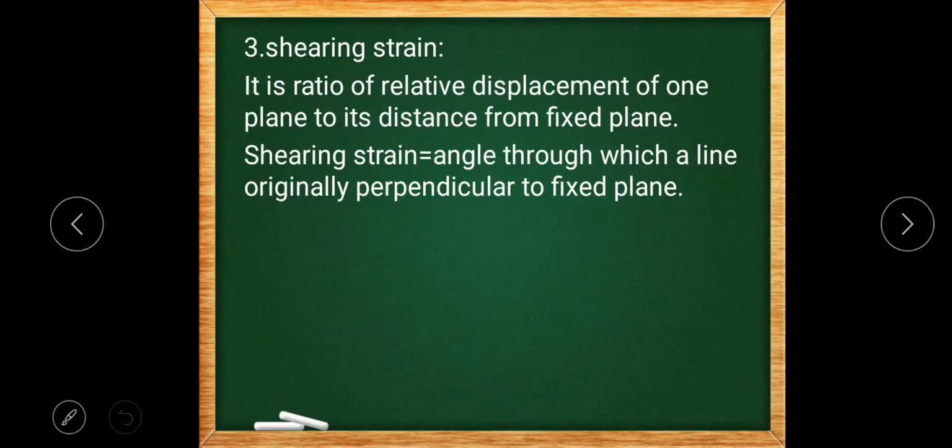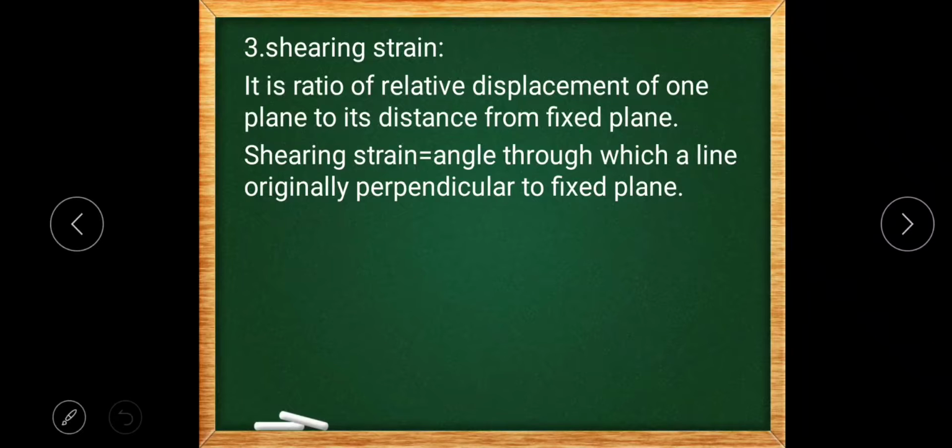The third type is shearing strain. It is the ratio of relative displacement of one plane to its distance from the fixed plane.